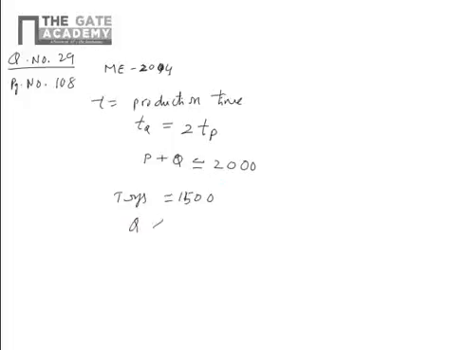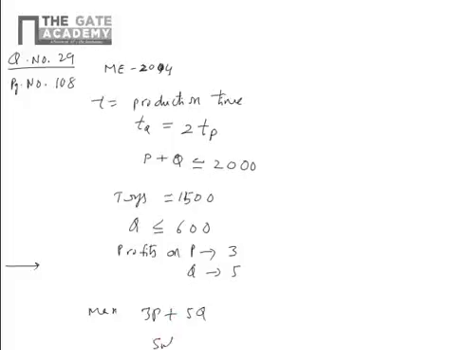So Q is less than or equal to 600, another condition. The company makes a profit of 3 rupees and 5 rupees on P and Q respectively, maximizing daily profit. So first the profit: on P it is 3, on Q it is 5. So maximize 3P plus 5Q subject to constraints.